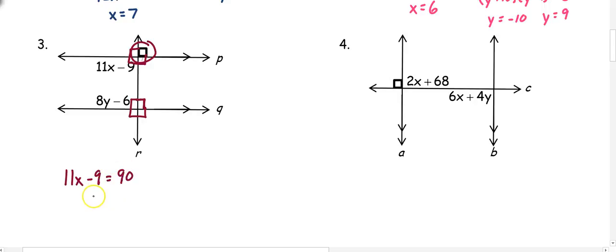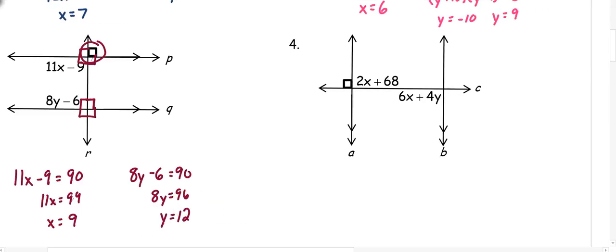So I can add 9 to both sides. 11x equals 99. Divide by 11, and x is 9. We also have 8y minus 6 equals 90. We can add 6 to both sides, so 8y equals 96. And when we divide by 8, we get that y is equal to 12.